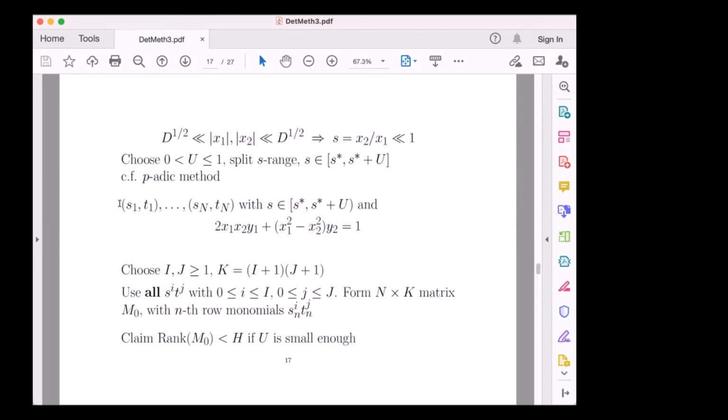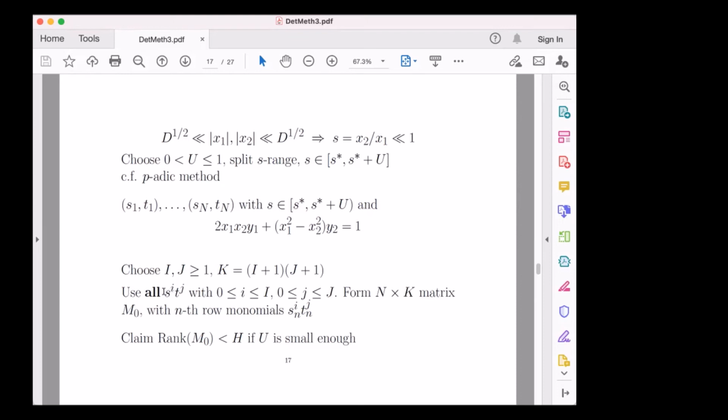So let's suppose we have points with indices from 1 through to capital N, and they all satisfy this equation here, as we've supposed. And then, just as before, we're going to form a matrix of monomials. They're going to be monomials in S and T. And we're going to put constraints on the exponents.